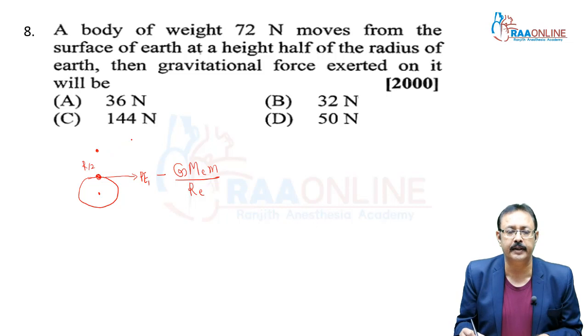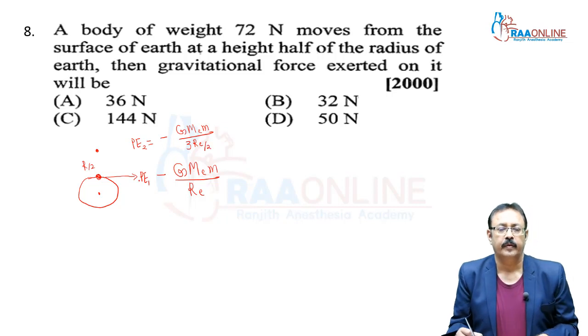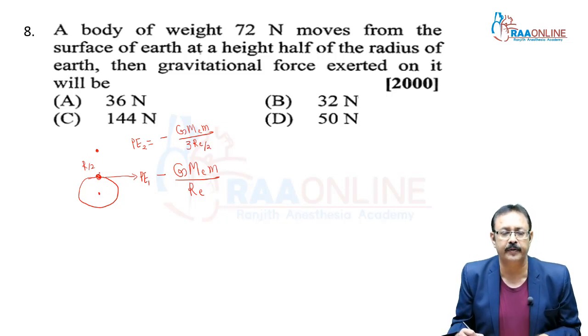Now at this place, the potential energy should be minus GMm, and the distance is 3RE by 2, because the distance between this point and the Earth's center is now 3R by 2.